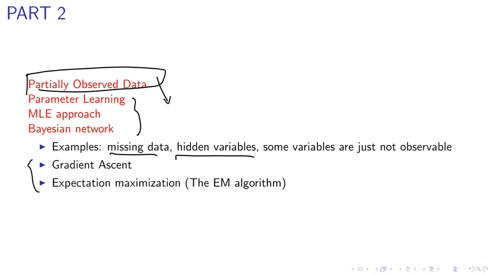Unfortunately, as we will see, by just changing the condition from fully observed data to partially observed data, the algorithms become quite complex. Closed form solutions are no longer possible, and we have to use iterative approaches such as gradient ascent and the expectation maximization algorithm to solve this problem.